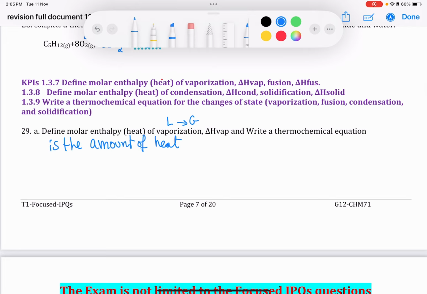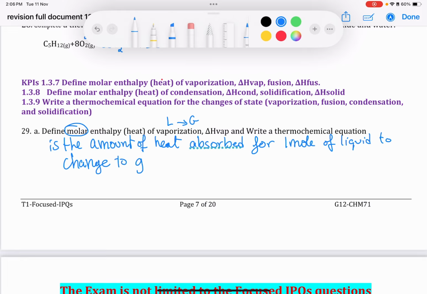So it's the amount of heat needed, required, absorbed for 1 mole of a liquid to change to gas at a constant temperature, because when the phase change of liquid turning into gas starts, the temperature stays the same.